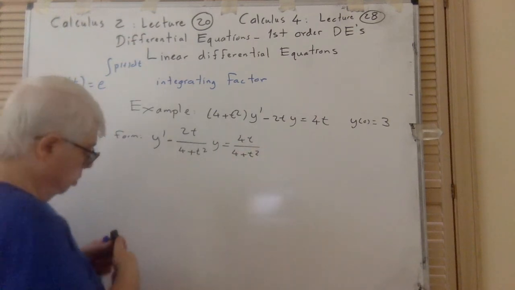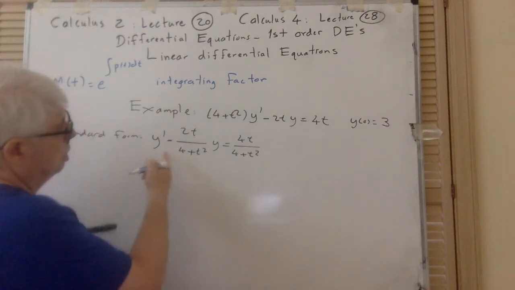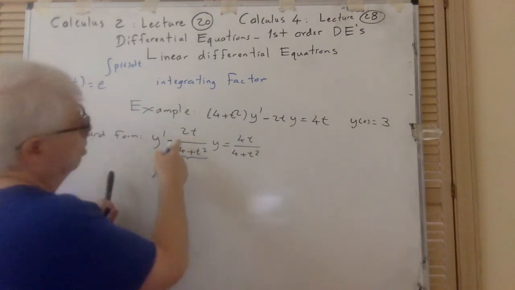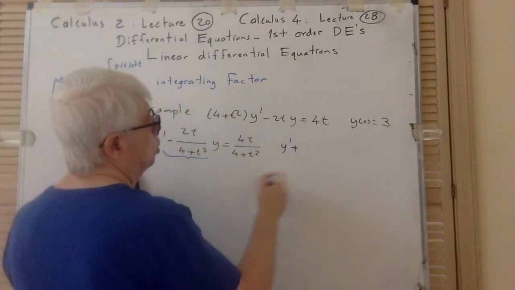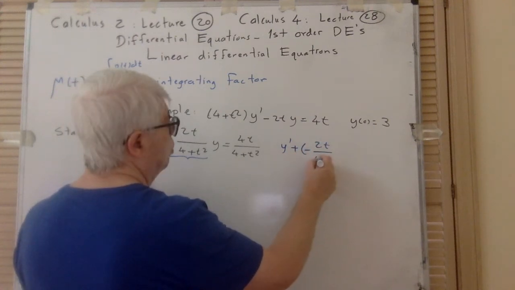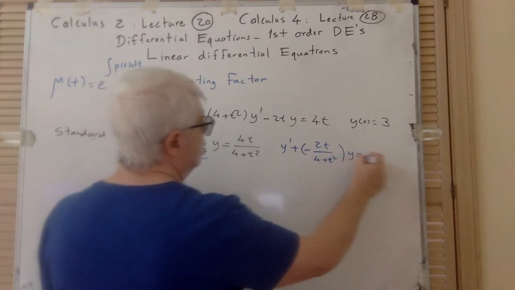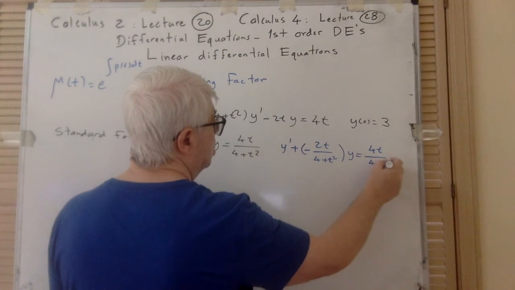Now here comes the trouble. This p t is this whole thing. It's not this. You see, I have y prime plus minus 2t over 4 plus t squared y, and on this side I have 4t over 4 plus t squared.